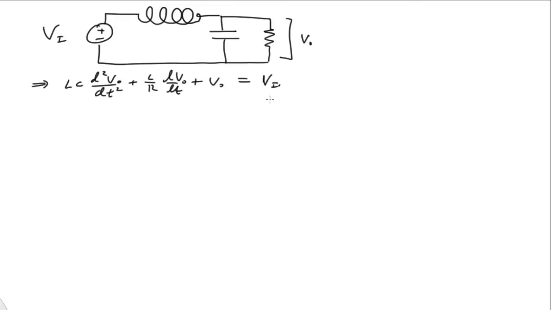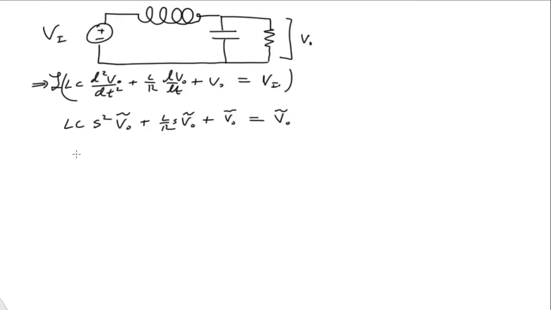Okay, so just like before, we take the Laplace transform, and we assume that we don't have any initial conditions. We have 0 initial conditions for both the voltage and the derivative of the voltage. So we have LC s² Ṽ out plus L over R times s times Ṽ out plus Ṽ out equals Ṽ in.